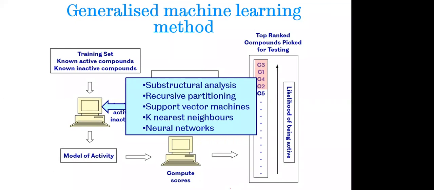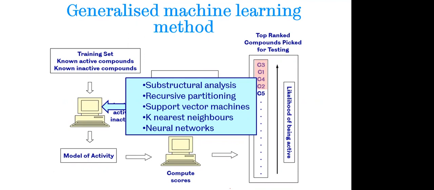We can define the properties for them, we can define predicted activity values, and then we can reduce the compounds from large databases to very small sets, such that we can reduce the chance of failure in drug development in the clinical trials. And all this can be done through neural networks and SVM methods.